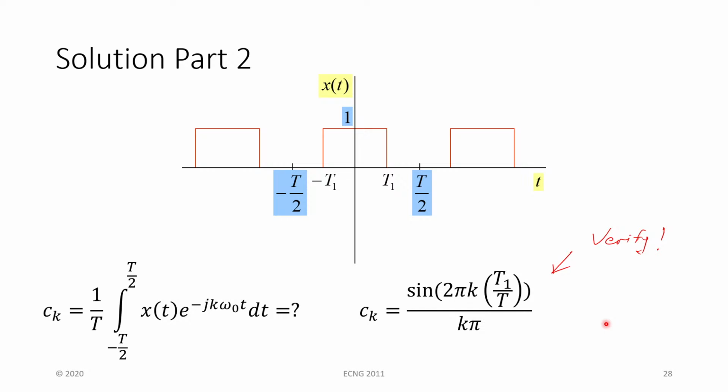our CK equation will now become sine of 2 pi k into T1 divided by 4 T1, all over k pi.